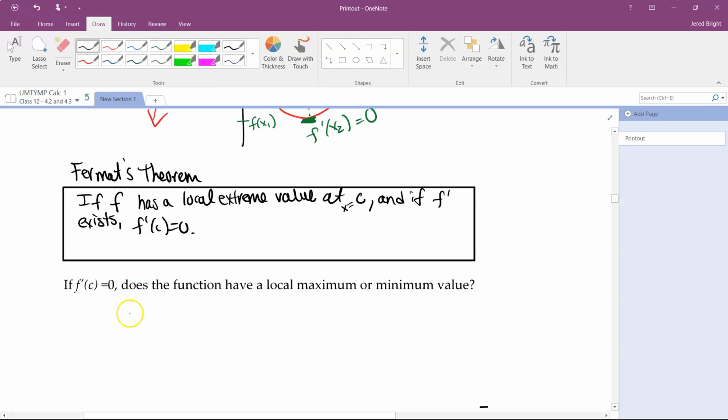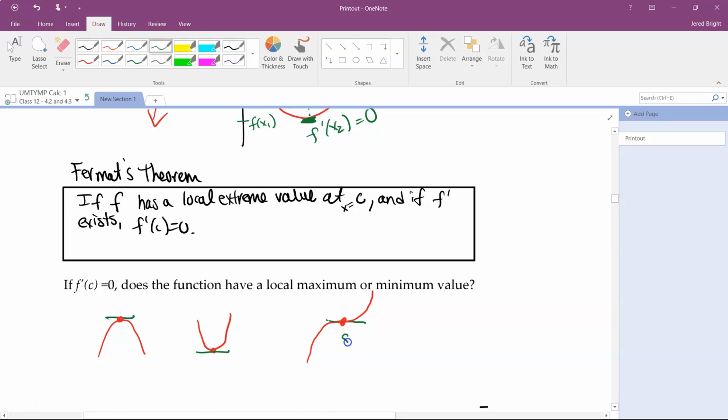Okay, so what could happen is certainly we could see what we saw in the graph above. So we could have, you know, a max occurring, a min occurring. But the thing is, there's also this other case that we've seen in more of a traditional cubic. So in each of these cases, here we would have a max, here we would have a min, but then in this case, we don't have anything.